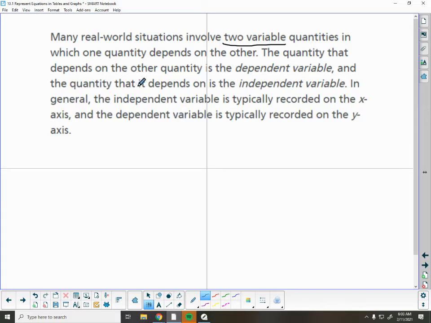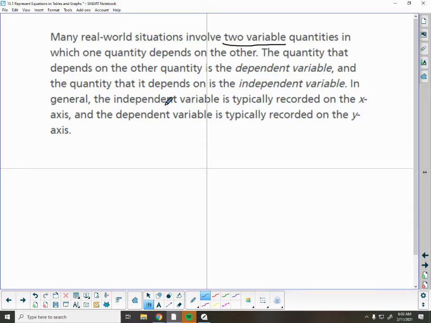And the quantity that it depends on is called the independent one. So our first one is often the independent. That's what can happen. And then the second one, we won't know until we know the first one, the independent one. I know this is kind of confusing, but we'll talk about some examples and get this all straightened out.